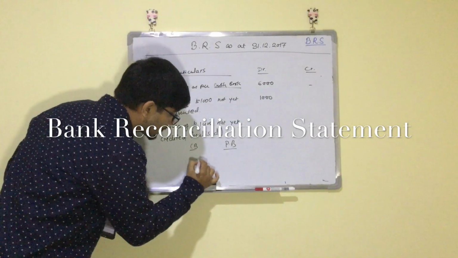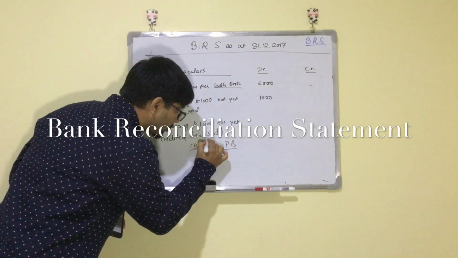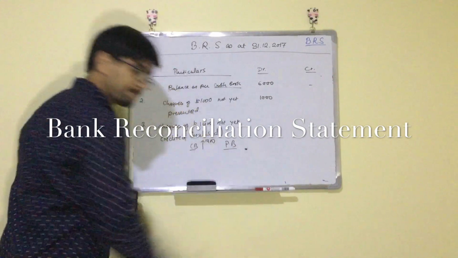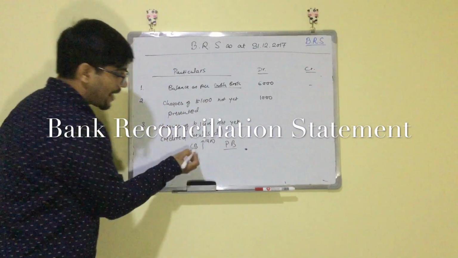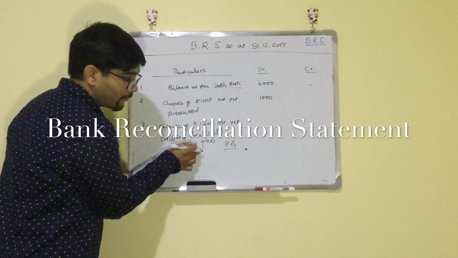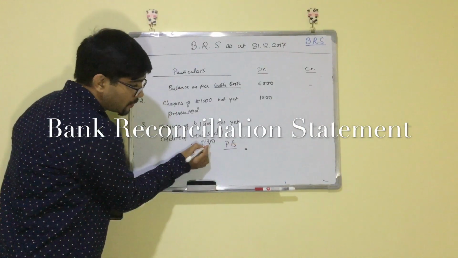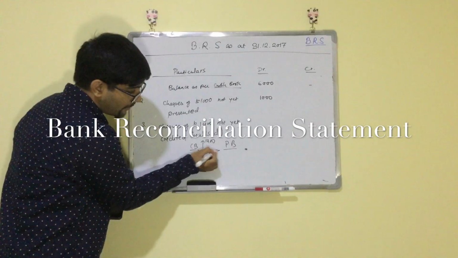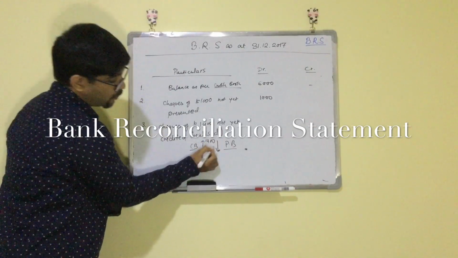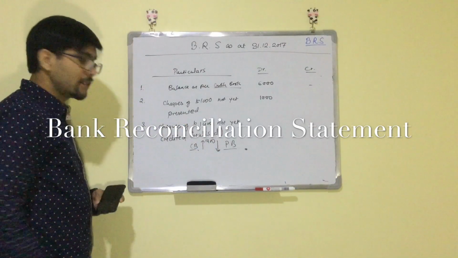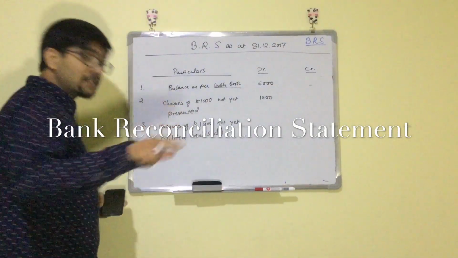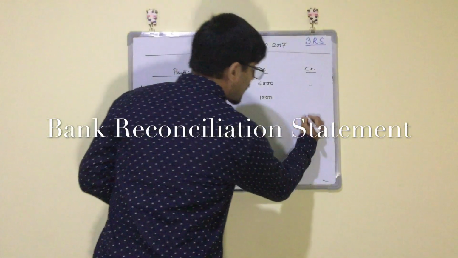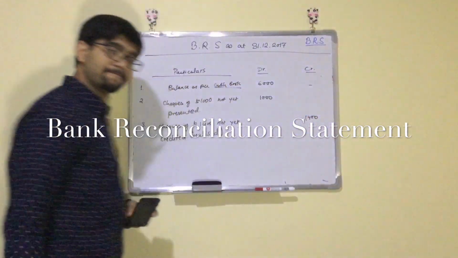So the entity has made a positive 1,400, but there is no movement in the passbook. But we have to start from cash book and reach the passbook. In order to reach the passbook balance, we have to bring down $1,400. So minus $1,400, which is credit 1,400.